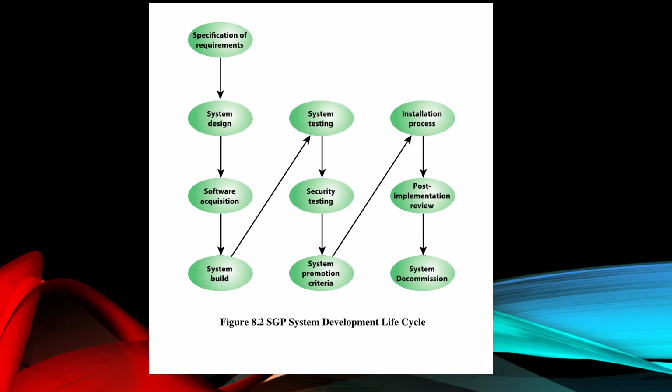System promotion criteria, basically rigorous criteria including security requirements, should be met before new systems are promoted to the live environment. So the security testing is done before we get back into production. And that production portion is called system promotion.